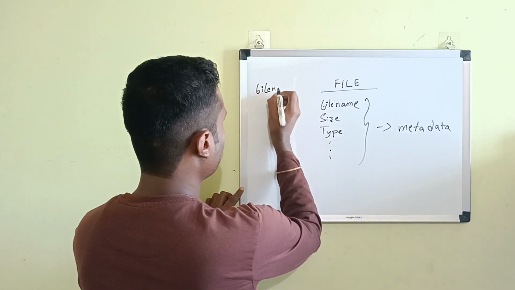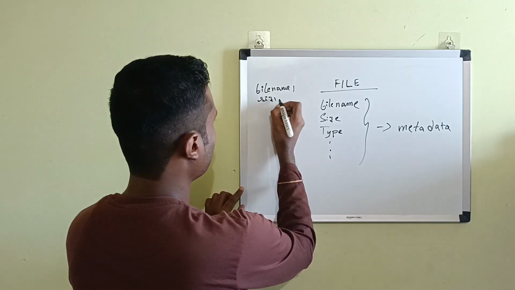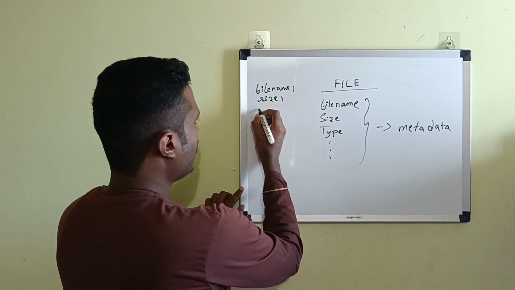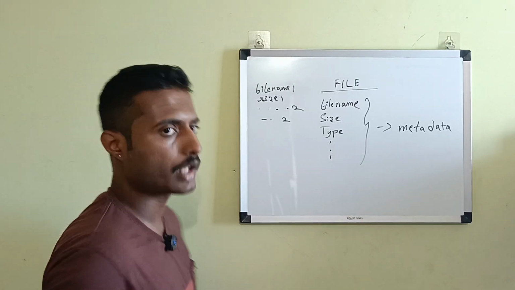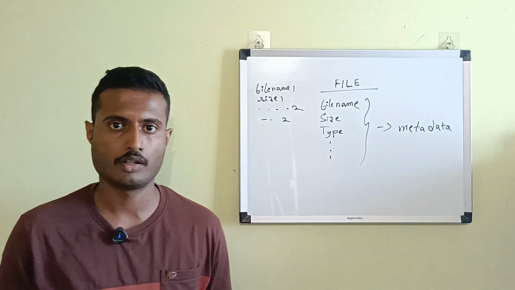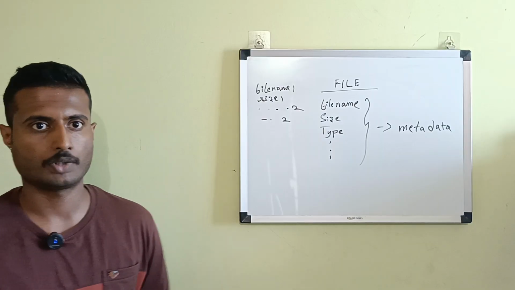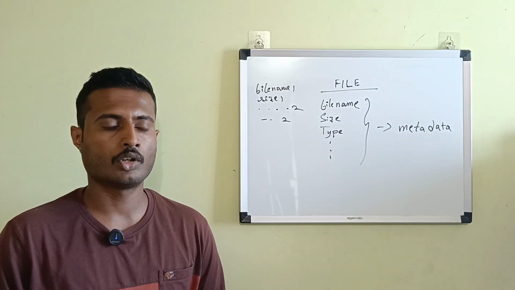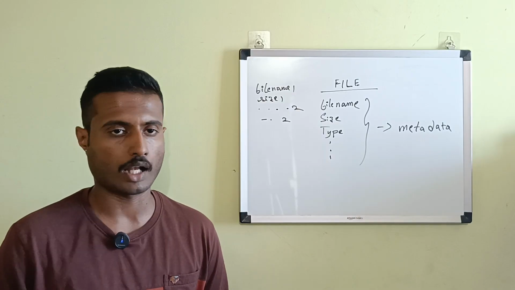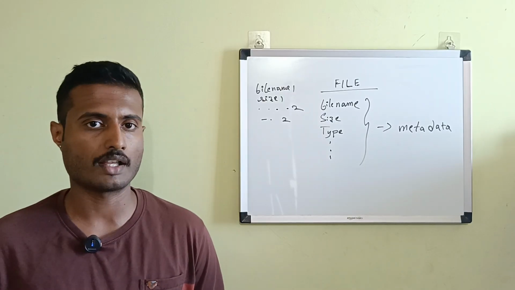File name 1, size 1, file name 2, size 2, file name 3, size 3. Is this how you write? This is going to take a lot of days for you, because there will be hundreds, thousands of files to maintain. So that's where C gives us a super tool, and it's called a structure.